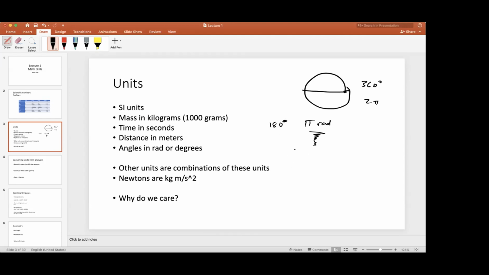In fact, neither of these are actual units, they're convenient notations. We'll talk a lot more about that as we go, but the three main units are mass, time, and distance. And those are in kilograms, seconds, and meters in SI. There are a ton of other units. Every scientist, it seems like in history, came up with their own units sometimes. But these are the agreed upon standards that we're going to use.